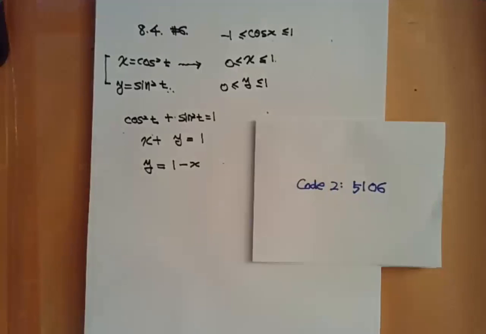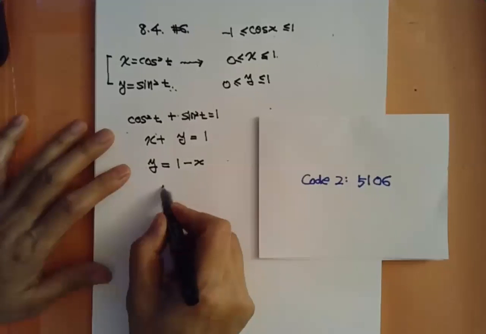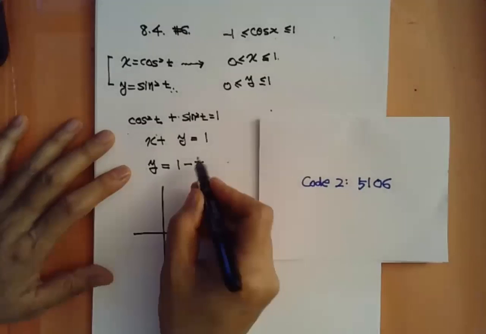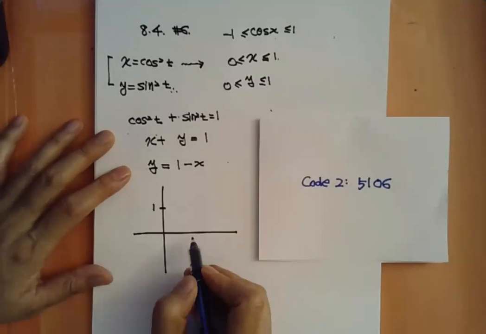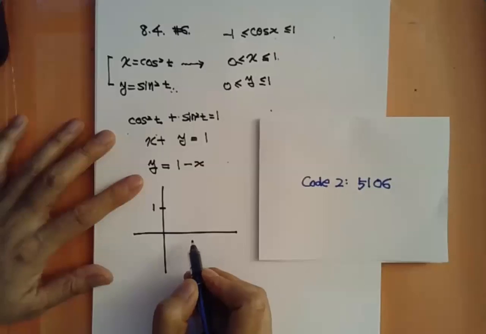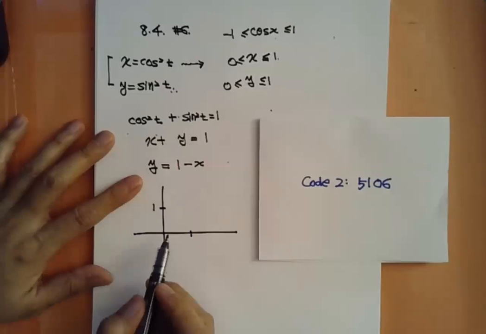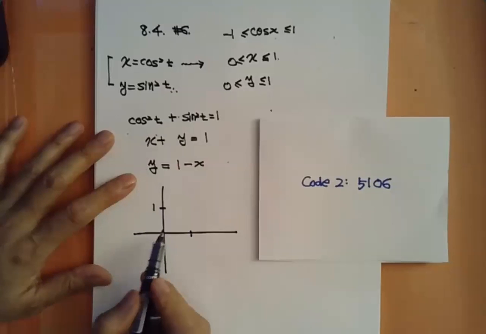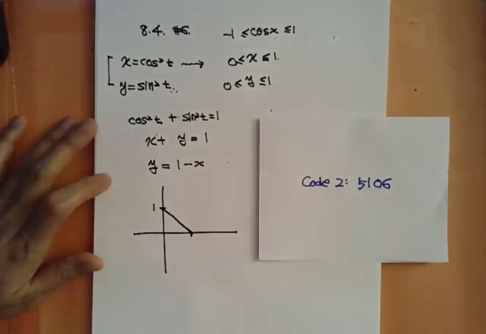So what we know is when x equals 0, y equals 1, and when y equals 0, x is 1, right? And also this is slope 1. But both x and y stay between 0 and 1. So the line goes like this, right?